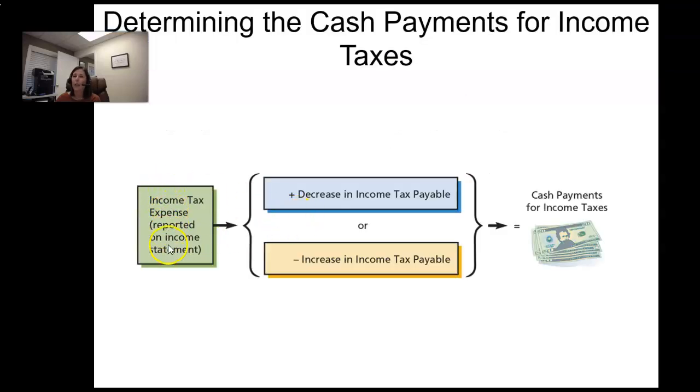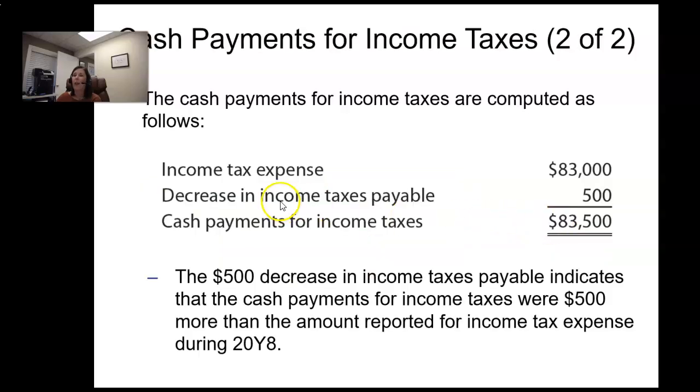So we've got our income tax expense that we reported on our income statement, if we had a decrease in income taxes payable, we would add that. If we had an increase, we would subtract it, and that would get us our cash payment for income taxes. In this case, we had a $500 decrease in income taxes payable, so we added that to the income tax expense to get our cash payment for income taxes of $83,500.